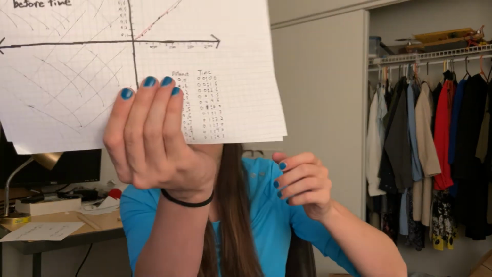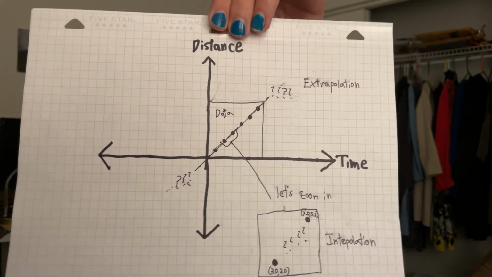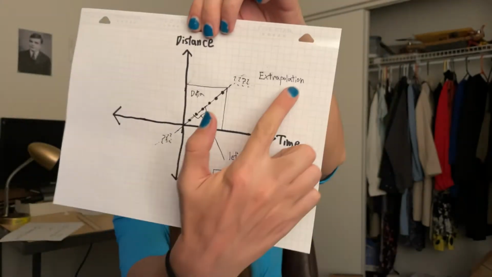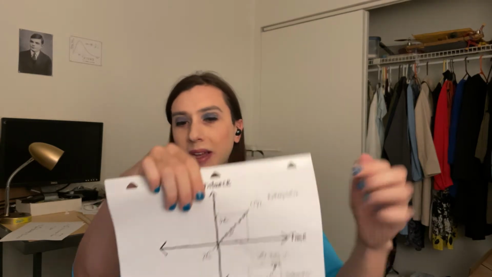But now, okay, we have that data graphed, cool. Now what? Now we want to ask questions like, what happens after the end of our measurement interval, which is what we do if we extrapolate. We say, probably it just keeps going. We don't know, but it's a pretty solid guess that it just keeps going.